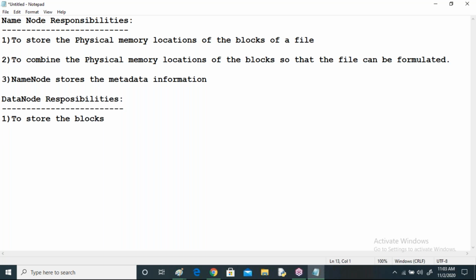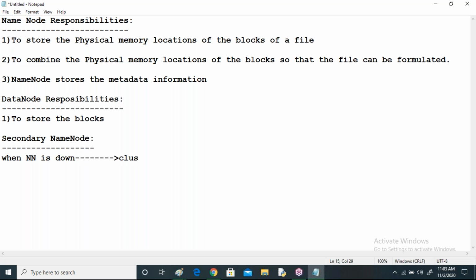Next, secondary name node. Just like, if I take an example, in the absence of the principal, the vice principal comes. The same way, whenever name node is down, immediately secondary name node comes. From Hadoop 2, you can see some high availability. When name node is down, then the entire cluster will be down.